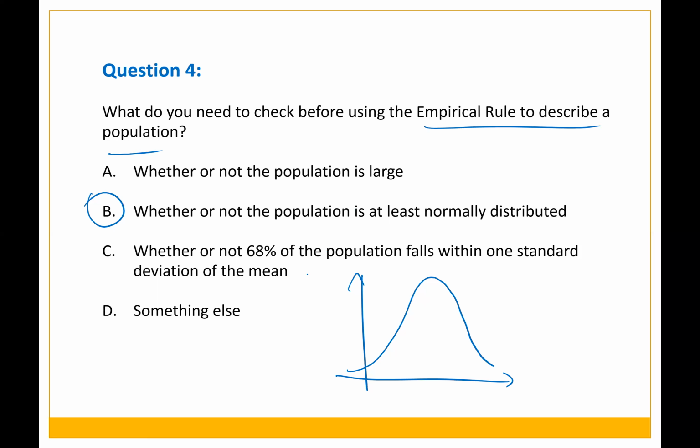So you can have other populations where 68% fall within one standard deviation, and still not have a normal distribution.